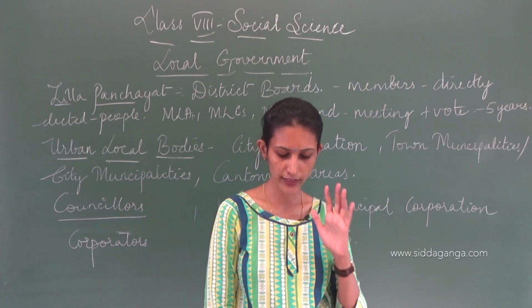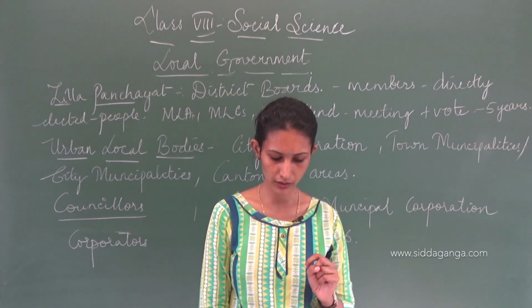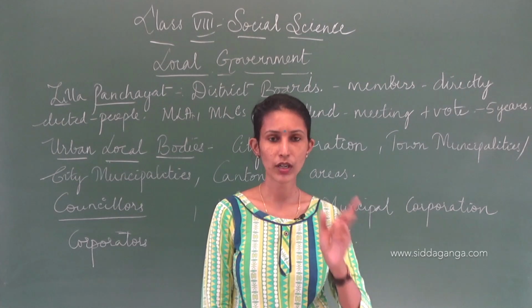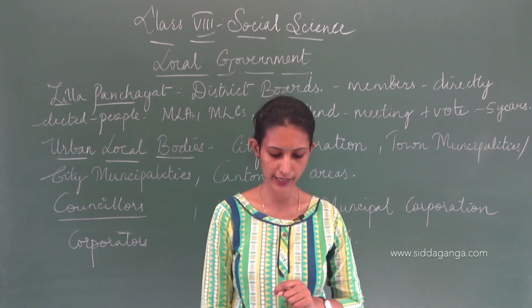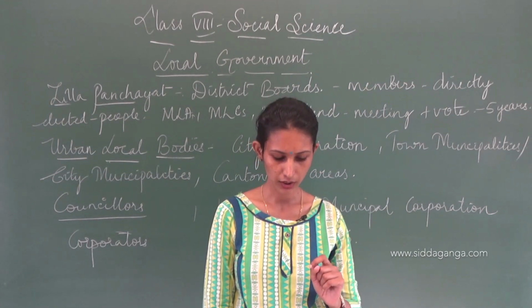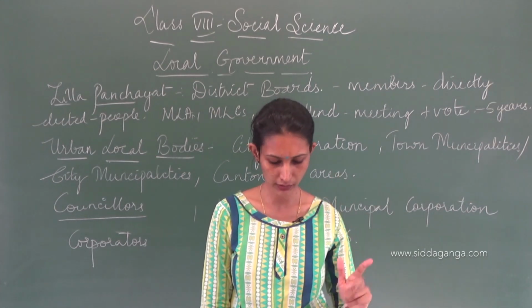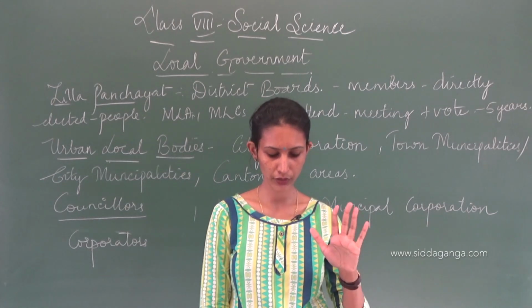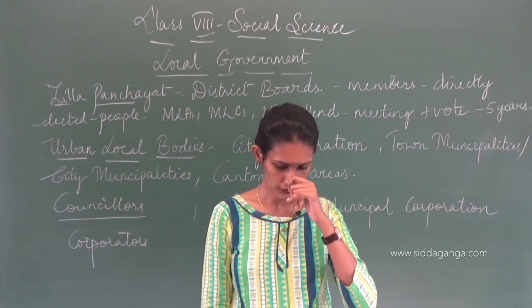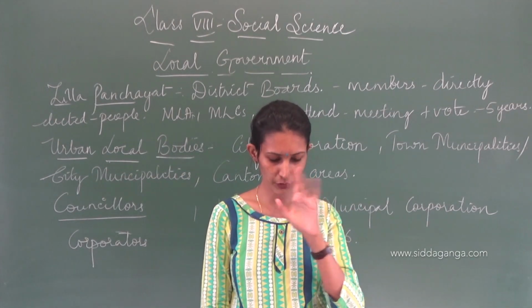Now, we have 10 city corporations, and one more Mahanagara Palike that is added, Bruhat Mahanagara Palike, in Karnataka. We have it in Mysuru, Hubli Dharwad, Ballari, Belagavi, Kalburgi, Davangere, Mangaluru, Shivamogga, Tumkur, Vijayapura and Bengaluru.